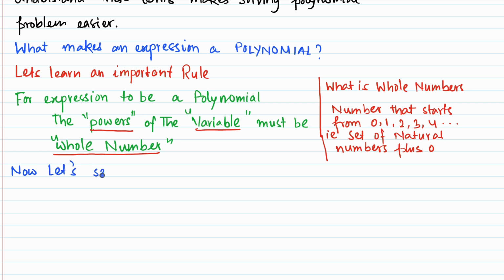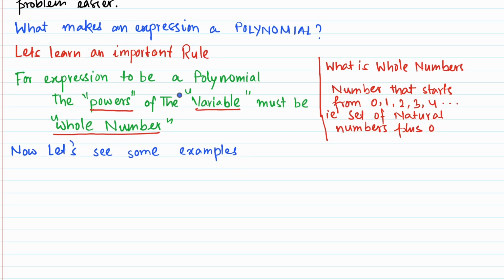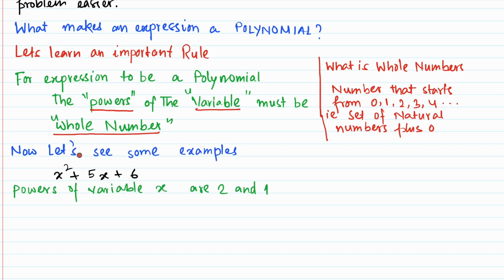Now let's see some examples. Example 1: x square plus 5x plus 6. In this expression, the powers of the variable x are 2 and 1.